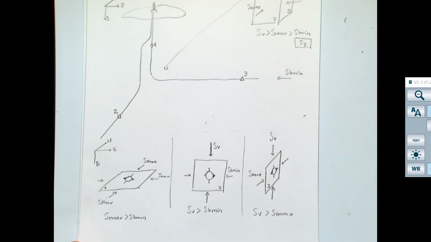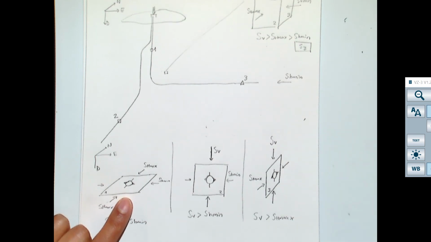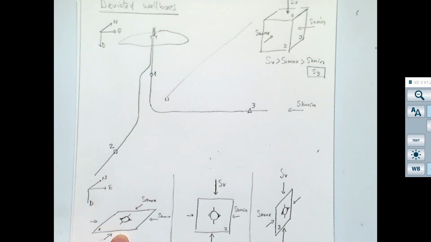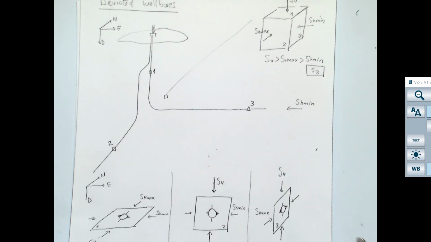But let's try to continue thinking about this and extend this to hydraulic fracturing. What would be the direction of a hydraulic fracture in this particular place? What would be the plane that you would expect in here? A vertical wellbore, a vertical plane with strike, what strike? 0, or going in direction north-south, right?